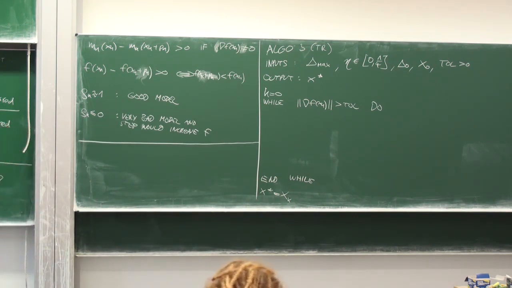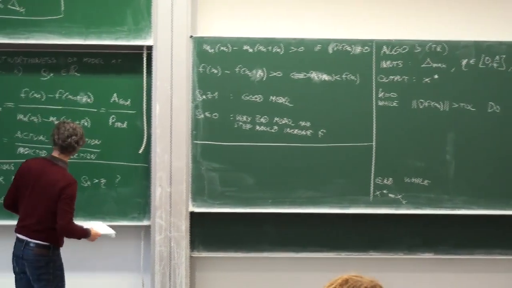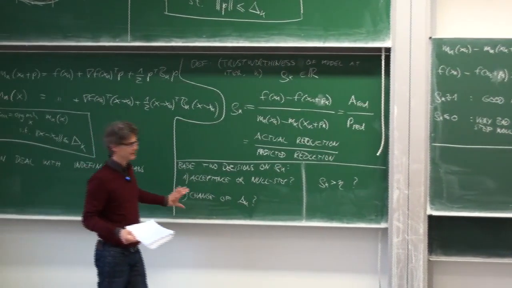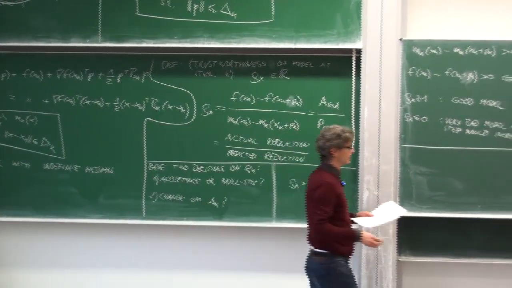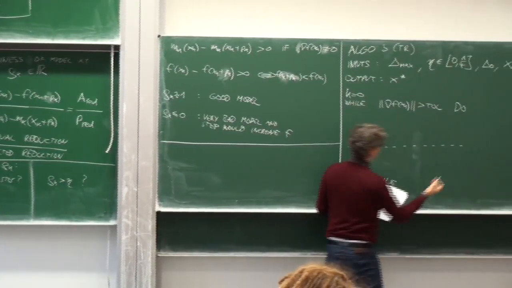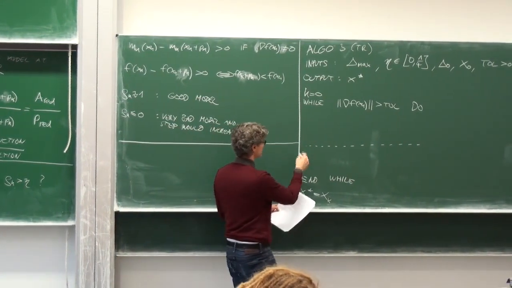I mean, that was like the algorithm before. But what do we do in between? We have, as I said, to do two things. We need to decide if we accept or if we do not accept a step. This is the part that I will write here at the bottom. And what we do here is what I said already.